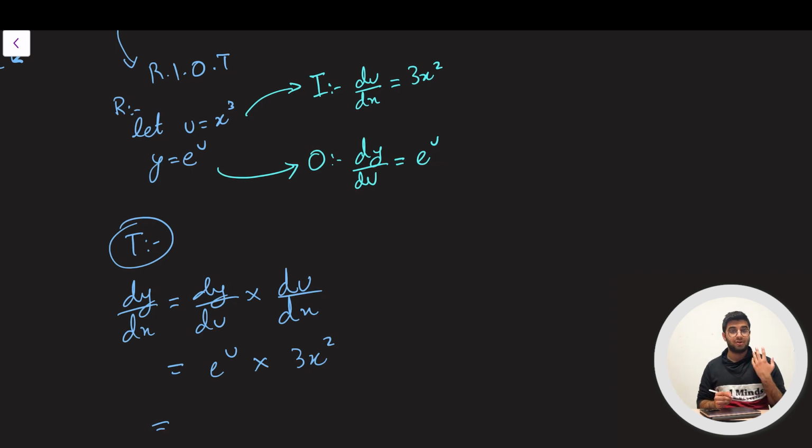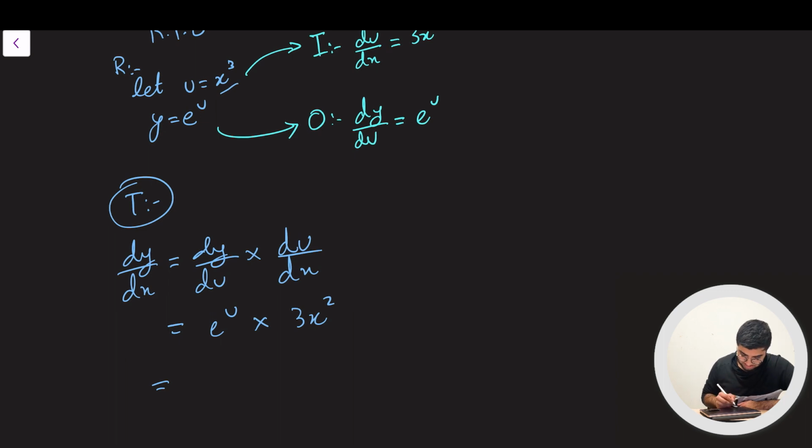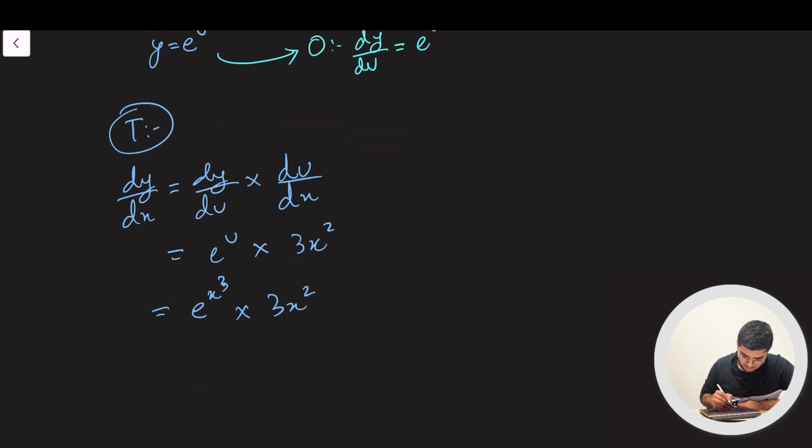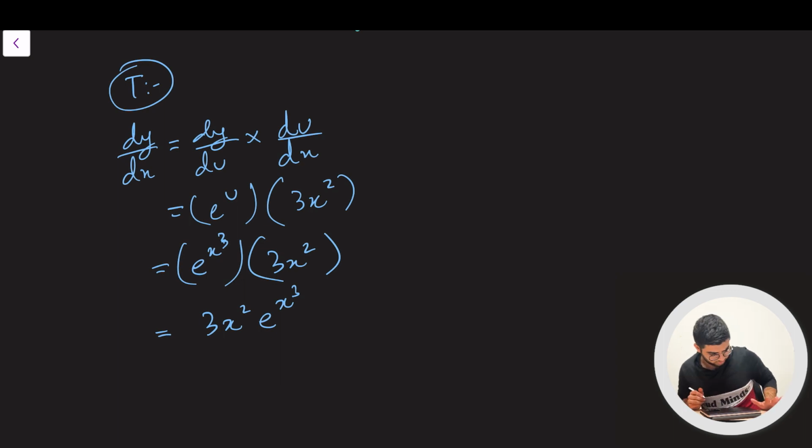Again, we introduced the u, so we replace it with x cubed, giving e to the x cubed times 3x squared. I would like to get rid of the crosses because it may confuse you with the x's, so we just write it like this. And just before we finish, I would like to write it in this form for no particular reason. It just feels better this way.